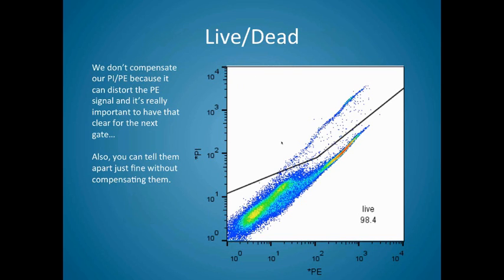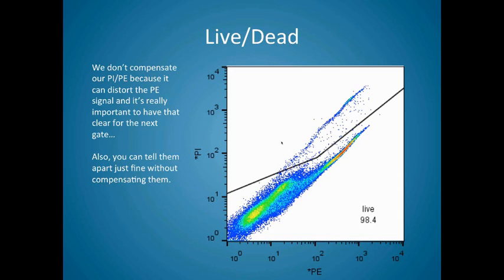So the first gate that we do after the forward and side scatter and singlets gate is live dead. In this graph we have HPa3 and PE. We don't compensate because it tends to distort the PE signal, and it distorts it enough that it will blur the line between the HPa3 negative and positive.